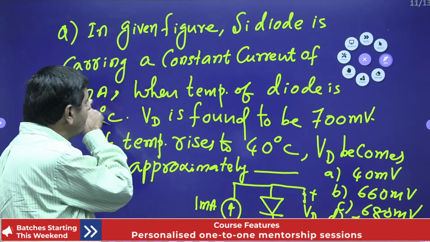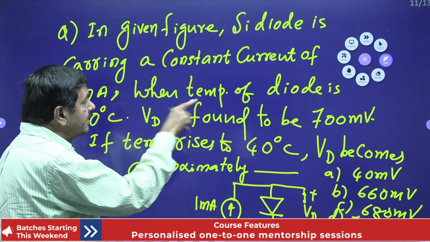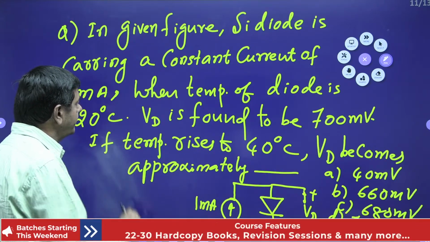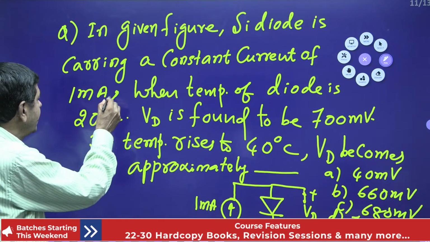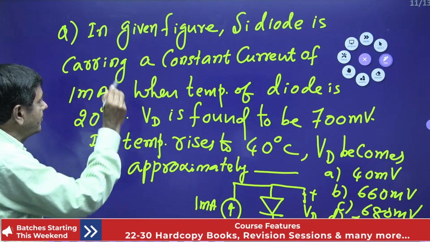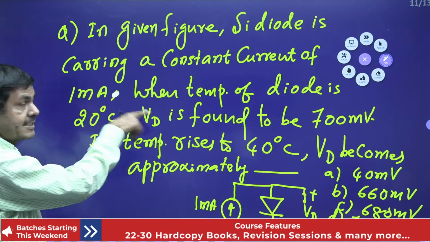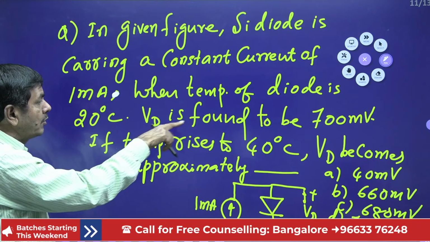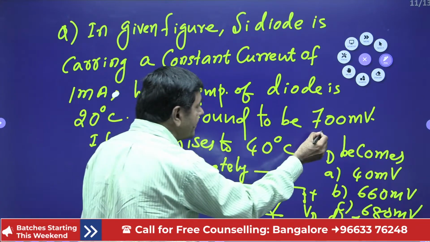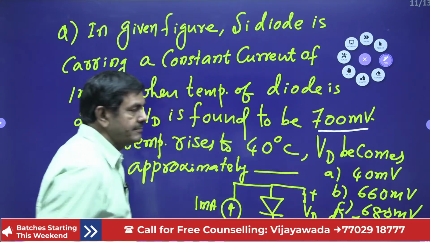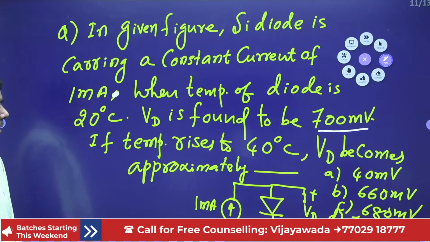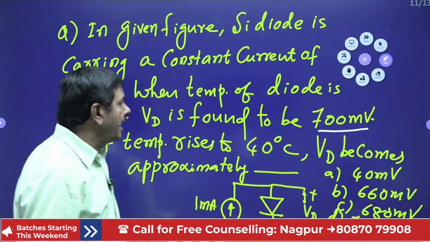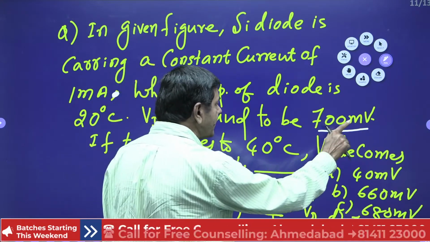When the temperature of the diode is 20 degrees centigrade, the diode voltage is found to be 700 millivolts. Initially, the diode is at a temperature of 20 degrees centigrade, and at that time the voltage VD is 700 millivolts.